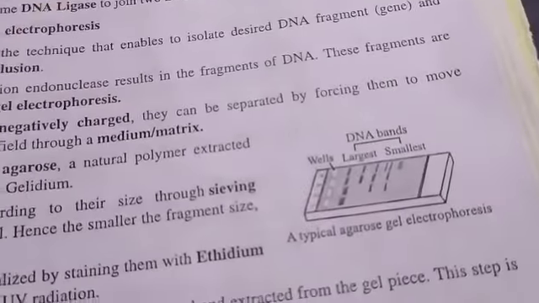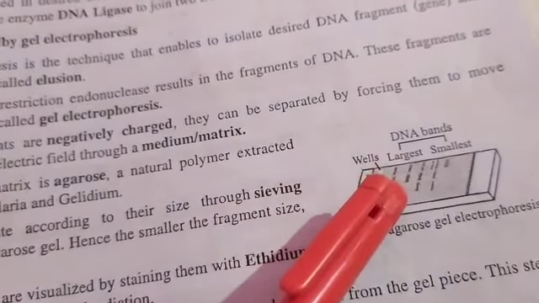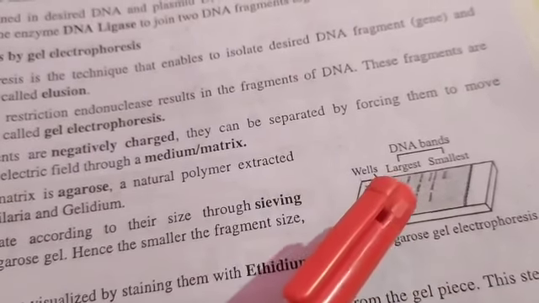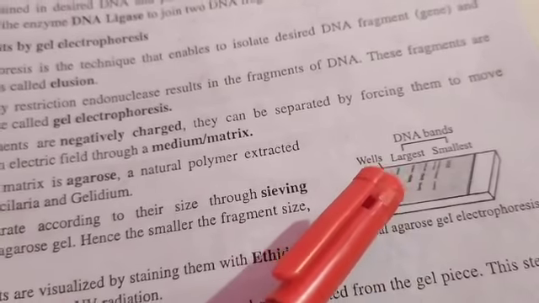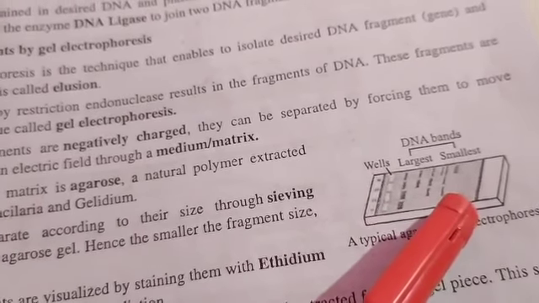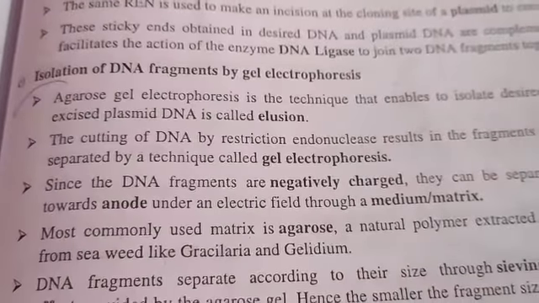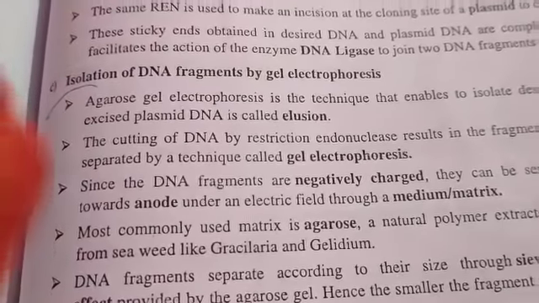This is a gel electrophoresis tank. Here in these wells we add the sample. In this tank, the cathode will be present and the anode will be present. DNA is always negatively charged. Here they have given agarose gel in this tank, which is the medium.